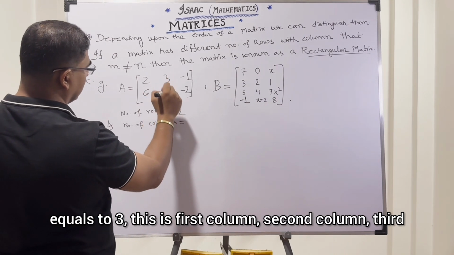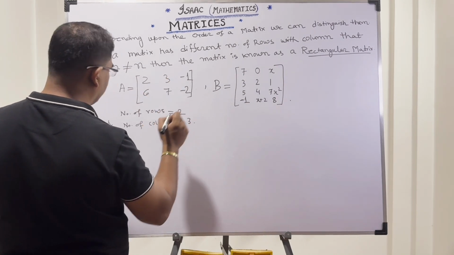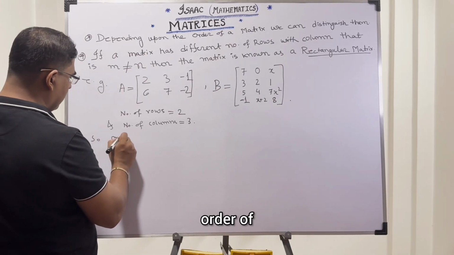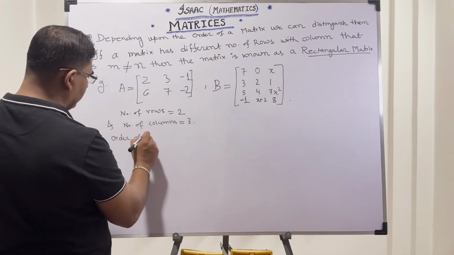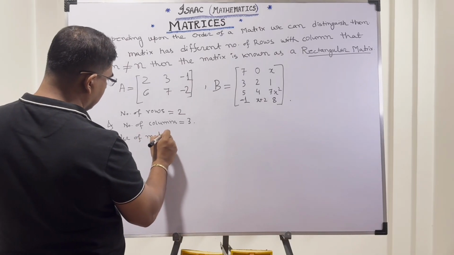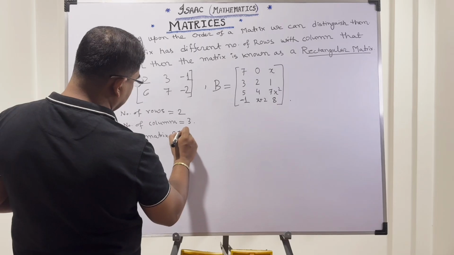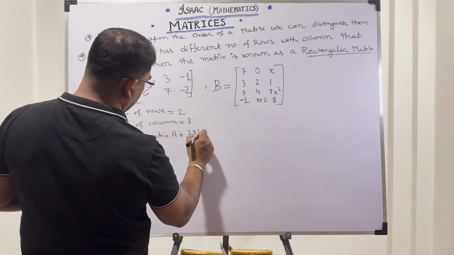This is first column, second column, third column. So order of matrix A is 2 by 3.